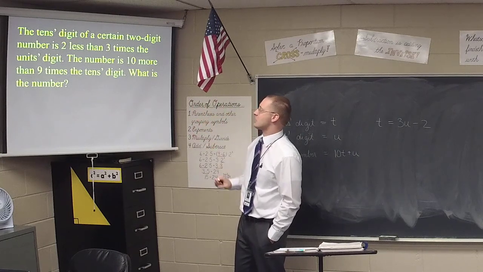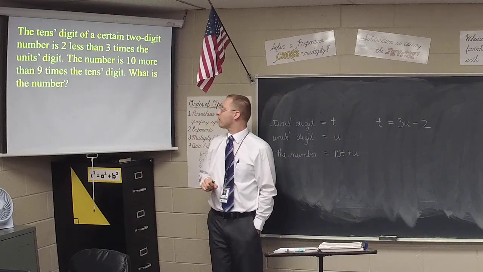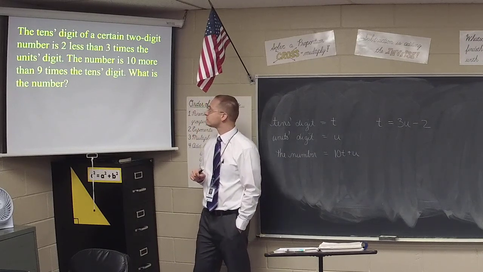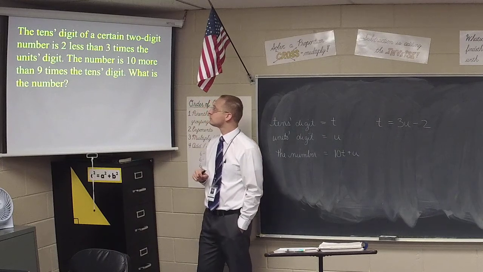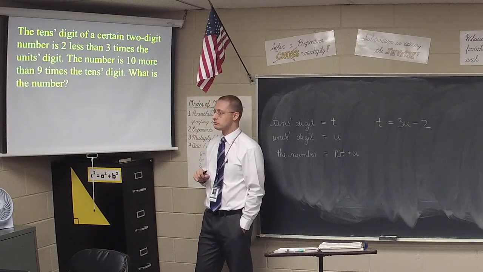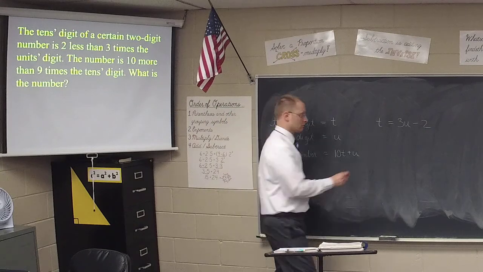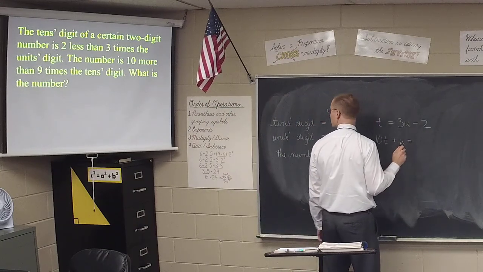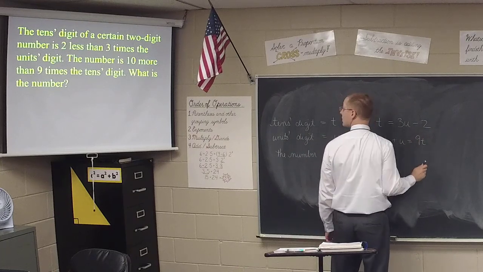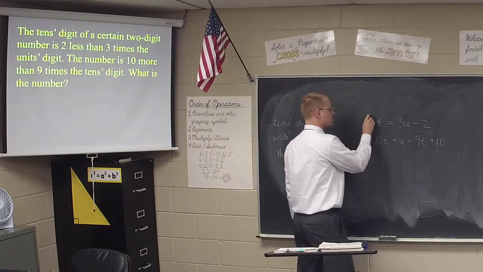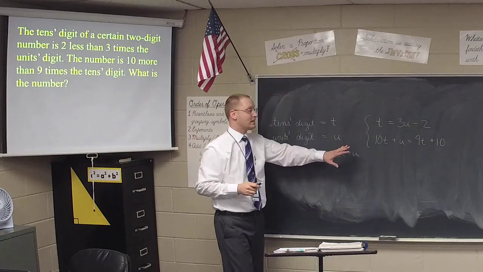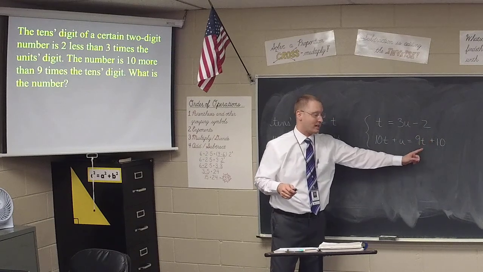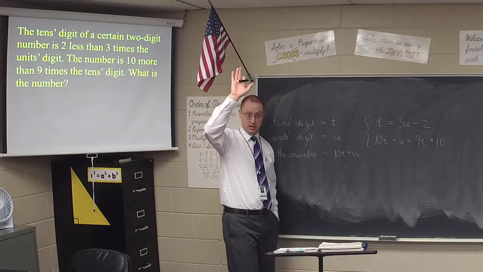Now we come to the second sentence, and how would I represent that statement? Perfect. Were we thinking the same thing that Brecken said? 10t plus u, the number, is 10 more than 9 times the tens digit.